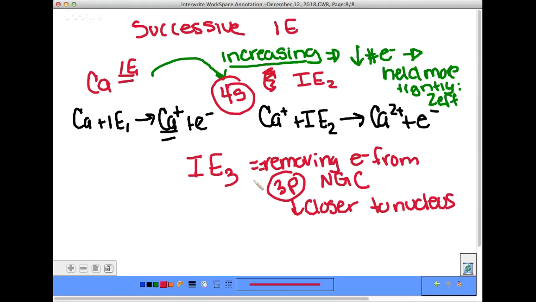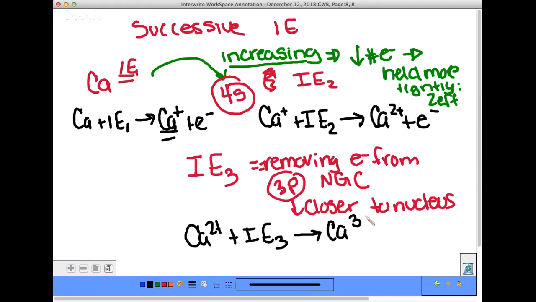So if we're trying to remove an electron from a noble gas configuration, you're always going to see a huge spike in the energy required. So now we have Ca2+ plus my ionization energy number 3, which is going to be like 10 times greater. This might be double, it might be 3 times, but going from here to here, because of the noble gas configuration and because those electrons are so much closer to the nucleus, it's a huge jump.